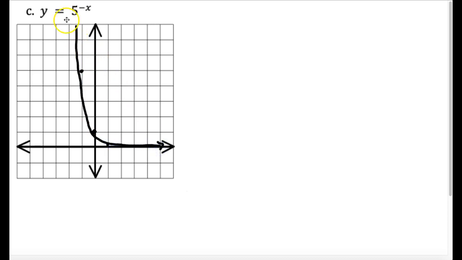It's a very steep exponential decay function, right? So we could say this graph is the reflection of y equals 5 to the positive x. That would be one way to describe the position of this graph. And I guess we do want to think about that, in terms of, we talked about transformations of graphs in the second chapter.